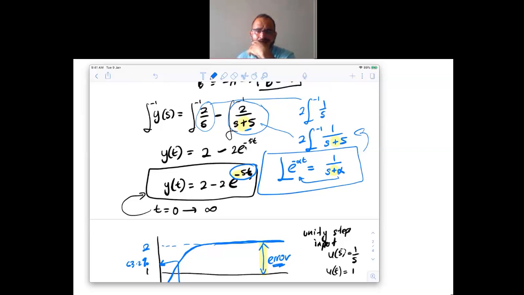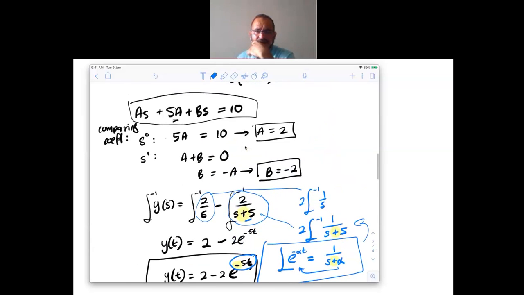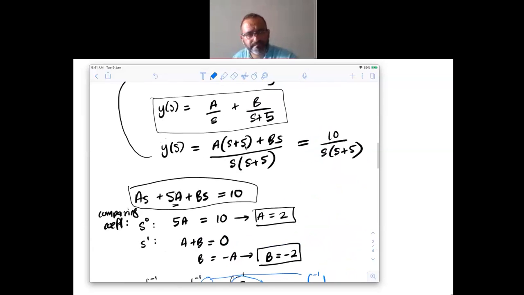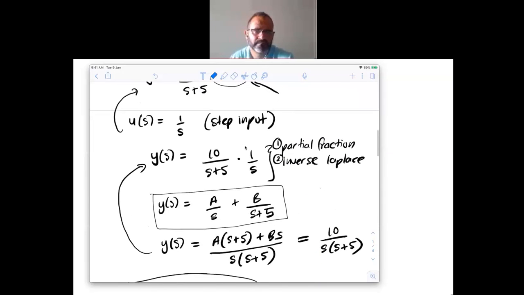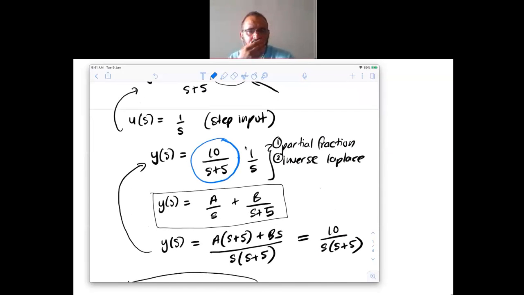So actually, guys, whether the system is stable or not can be determined from the transfer function only. If the transfer function has a negative value there, your system will definitely give a positive exponential, and that positive exponential will give you an unstable system.